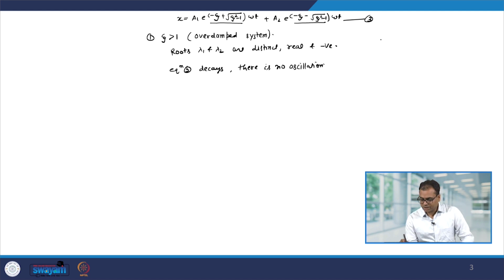Let me just plot equation number 3 for some representative value of zeta. Let us say this is the t axis and this one is x. In this case, this is the plot of x. Let us say this is for zeta more than 1, let us say 2.5, and of course, this is the overdamped system.